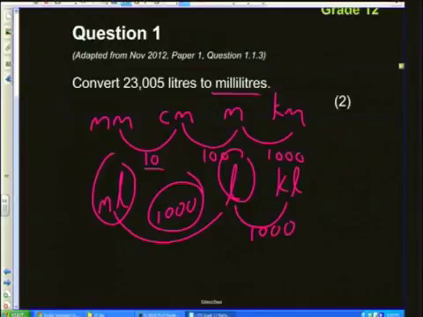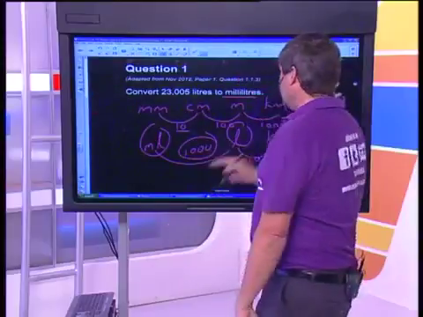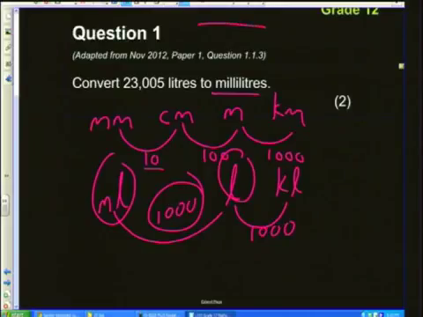Now, by a 1,000 jump, we're either going to multiply by 1,000 or divide by 1,000. So how do we know which we're going to do? Well, if I'm going from kilometers to millimeters, I'm going to multiply. Why? Because there are more millimeters in 1 kilometer.